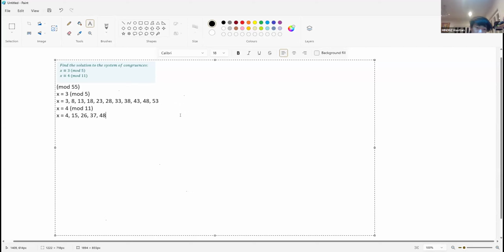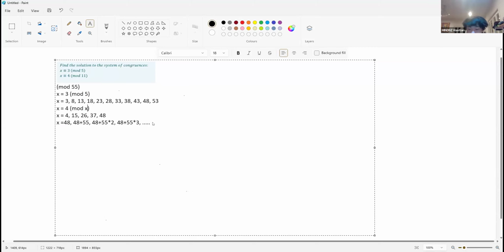Because it's pretty clear, for example, if x equals 48 is the solution, 48 is congruent to 3 mod 5, and 48 is congruent to 4 mod 11. That also means 48 plus 55, 48 plus 110, these are all solutions. And that's why we're considering the numbers under 55, which is 5 times 11.